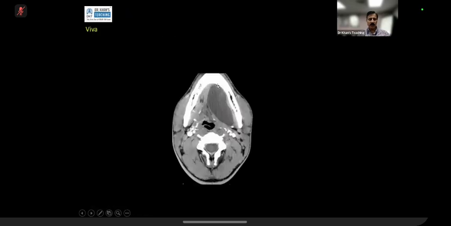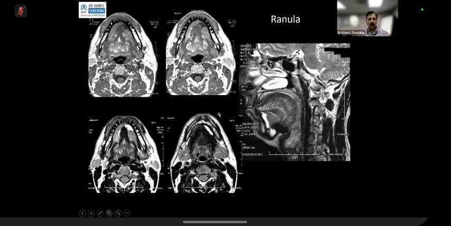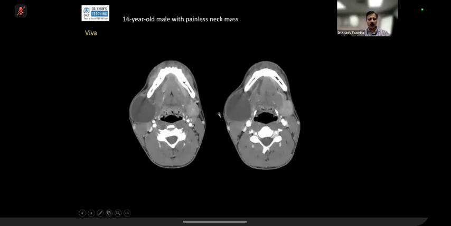Which space is involving this lesion? Sublingual. So what is your diagnosis? It can be a ranula. Excellent. Now, what is a ranula?